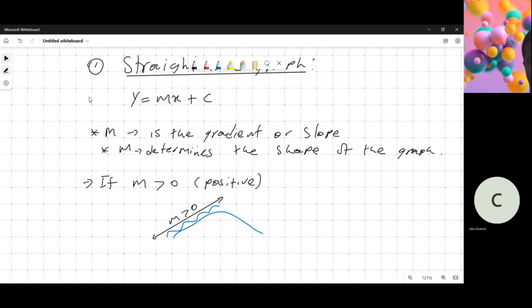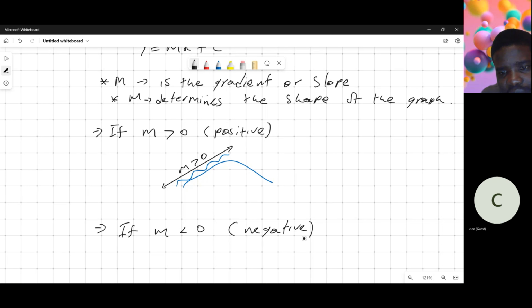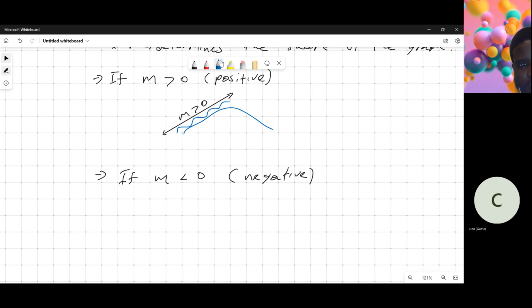Then if m is negative, that is to say, m is less than 0, then the shape of the graph will be going down the stairs. We will have a decreasing function.